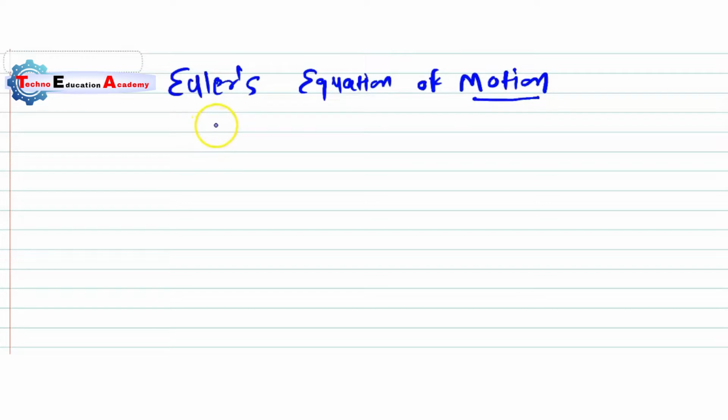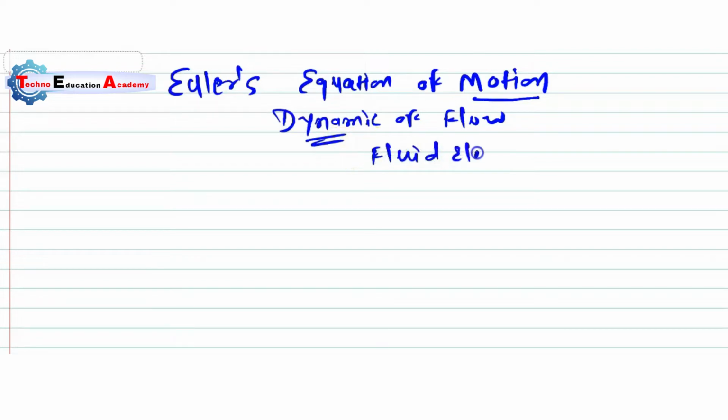We can consider any fluid element, and on that fluid element there are forces acting. So this is a part of dynamics of flow. Dynamics means here we can consider the forces which can apply on the fluid element.